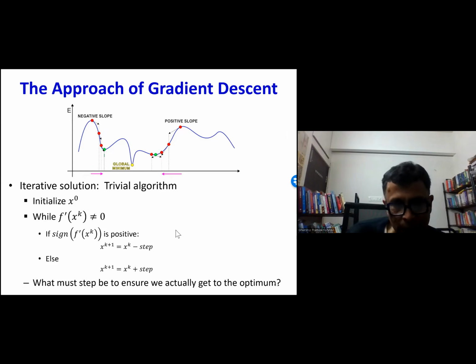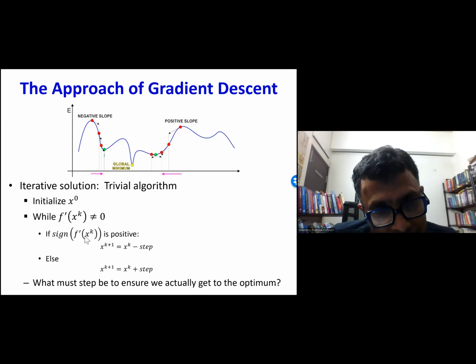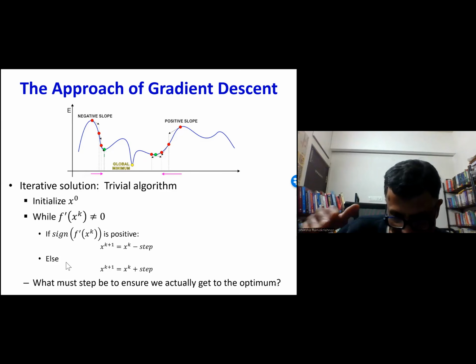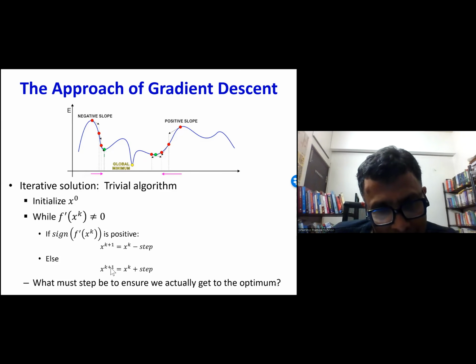On the other hand, if the slope is negative, it means the function is decreasing. And so because the function is decreasing, you want to move forward. You want to increment x by adding a step to it. And you keep doing this until you get to a point where the slope of the function is 0. Is this making sense? This algorithm? Easy, right?